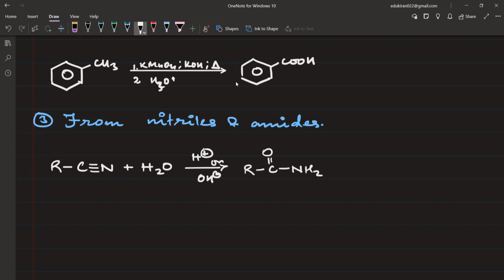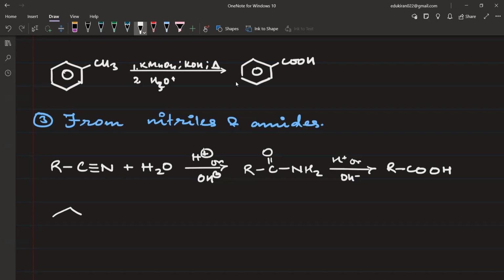Now, once you have got the amide, in order to convert amide to carboxylic acid, you need H plus or OH negative in the presence of water. ठीक है, दोनों में hydrolysis ही होता है. You will get RCOOH.